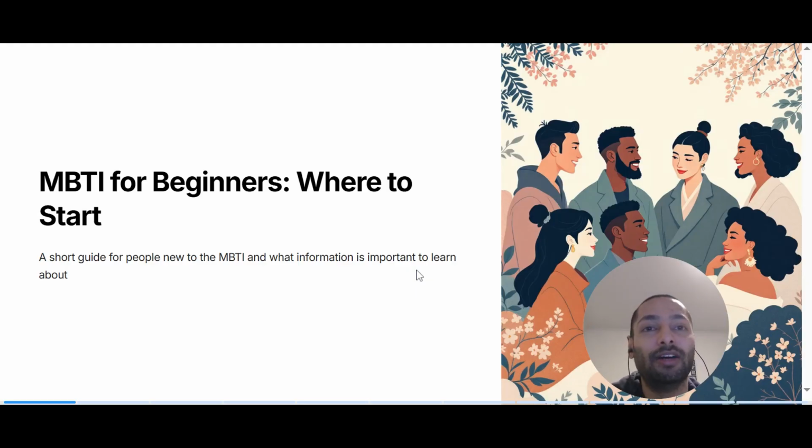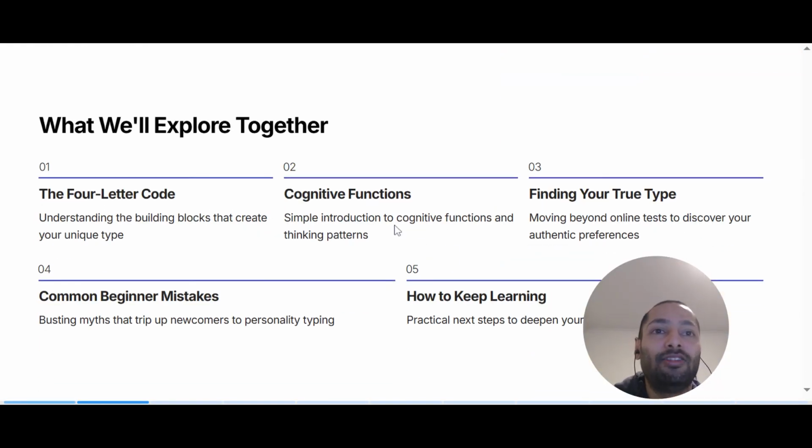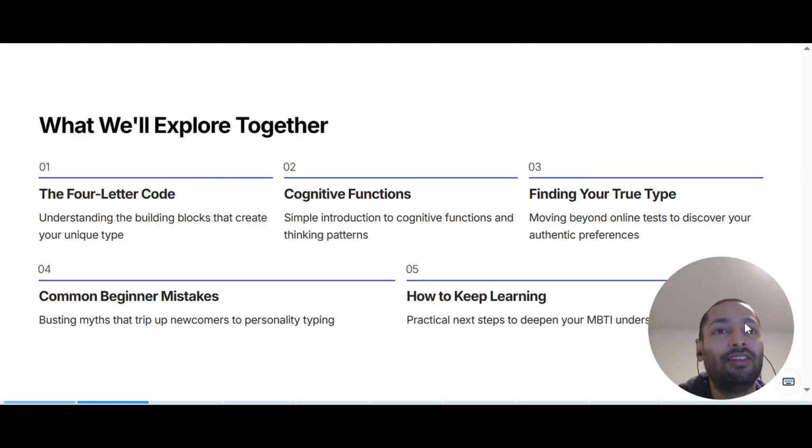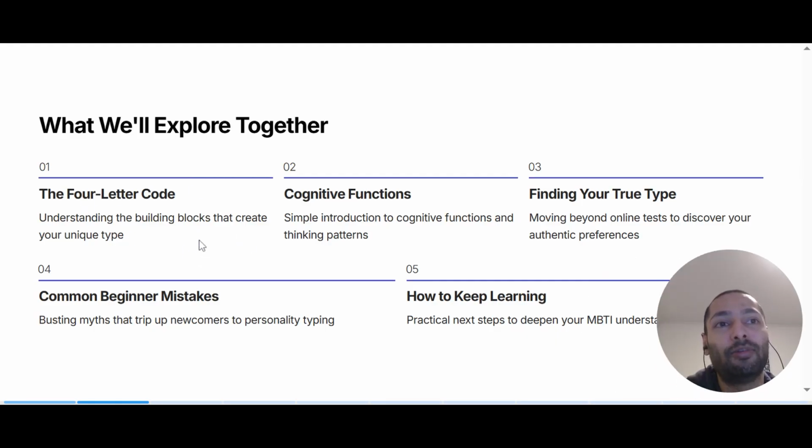to learn about. Okay, so what we're going to explore together is the four-letter code, what it represents, and some misunderstandings, the cognitive functions, simple introductions to the cognitive functions, how to find your true type, moving beyond the test, and how you can verify what functions you have based on your own observations or other people's observations.